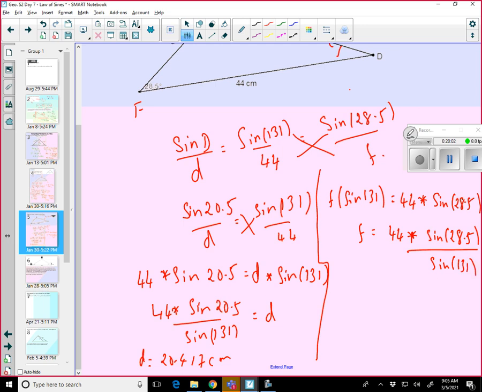And let's substitute that in calculator. 44 times sine 28.5 over sine 131 gives us 27.819. So this is going to be 27.8.